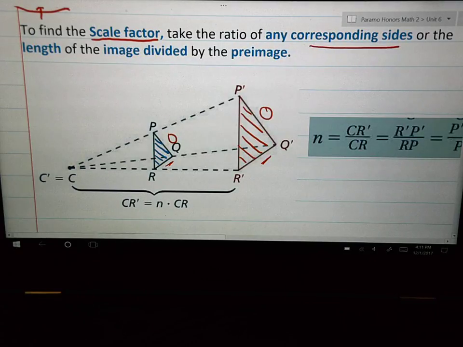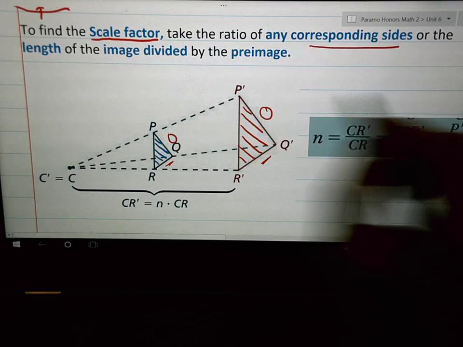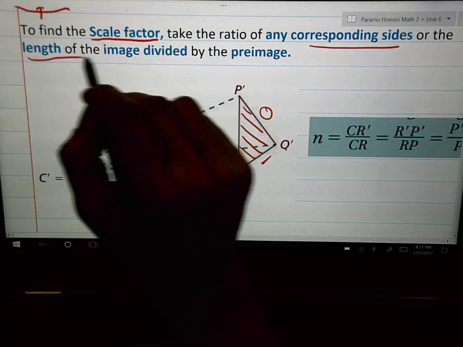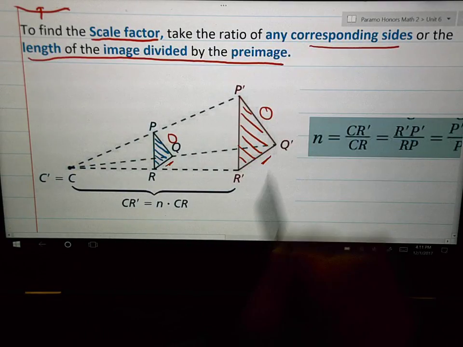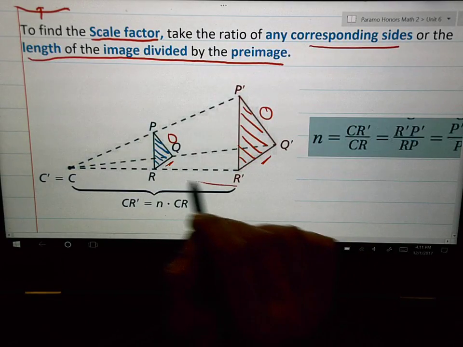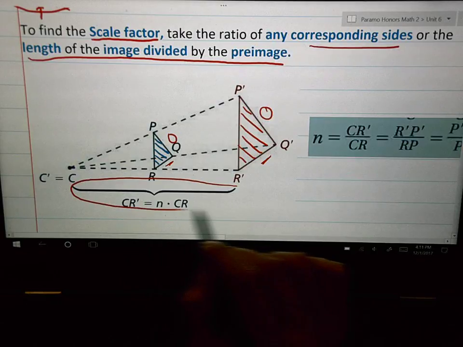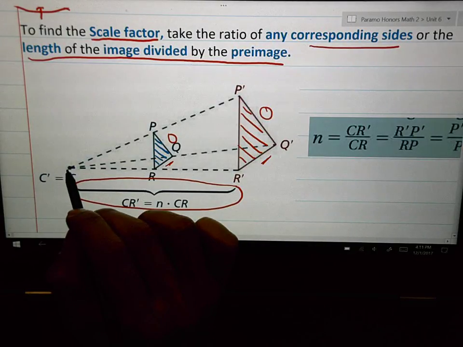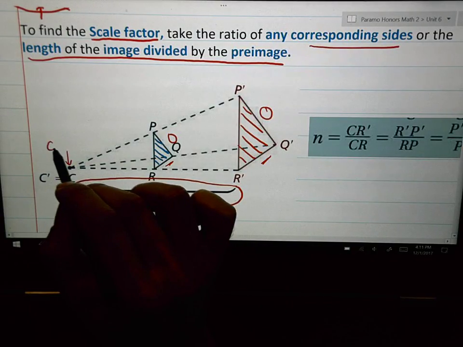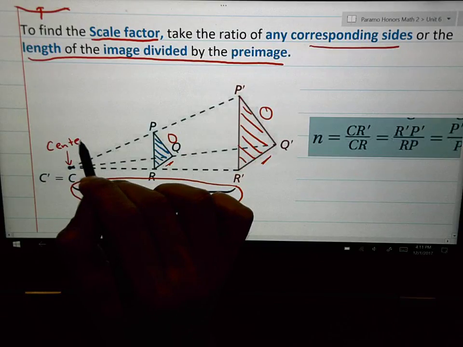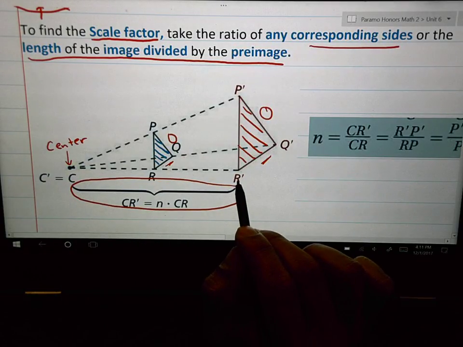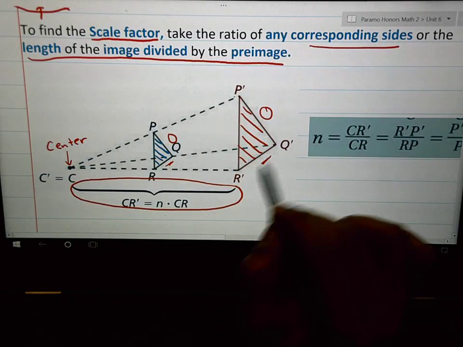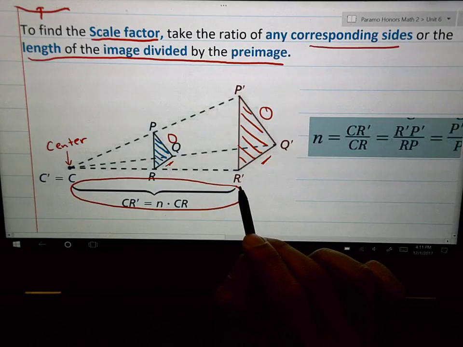And you may not gather this, but it is the length of the image divided by the pre-image, meaning this distance here from the center, I don't know if you know this, but this is the center, to the farthest point. It doesn't even matter which one we use. We can use C R prime.